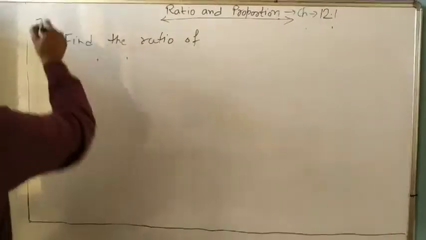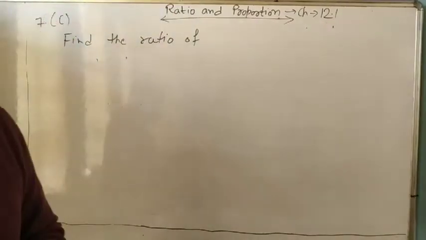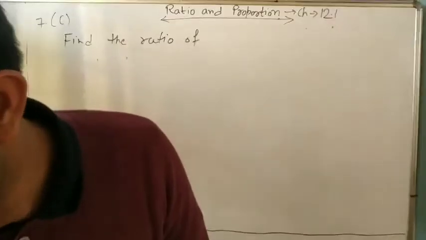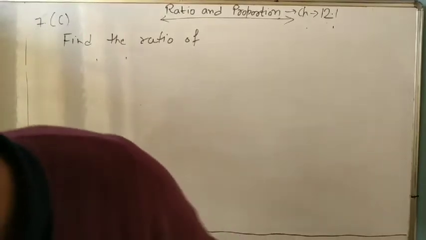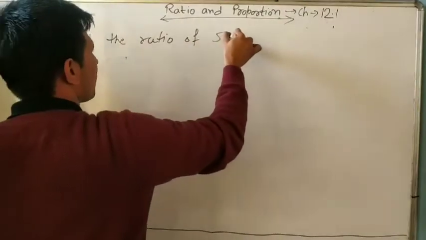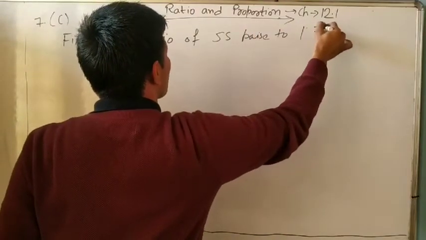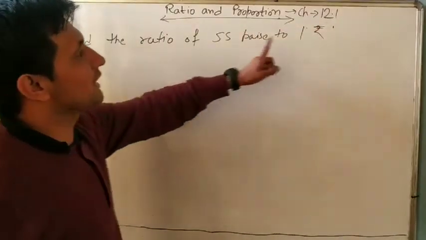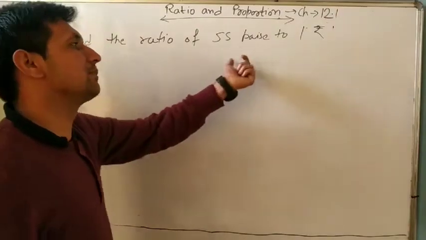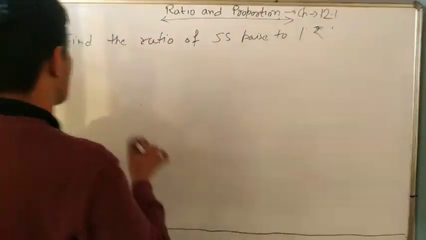The C part is given: 55 paise to 1 rupee. One unit is in paise, one is in rupees. So we will change both to paise or both to rupees.